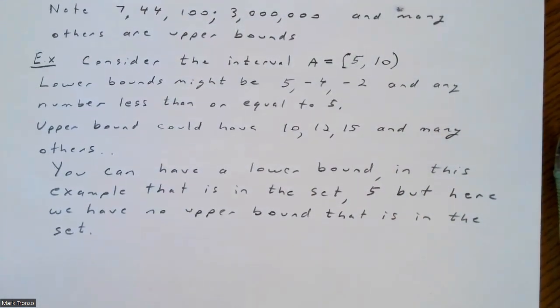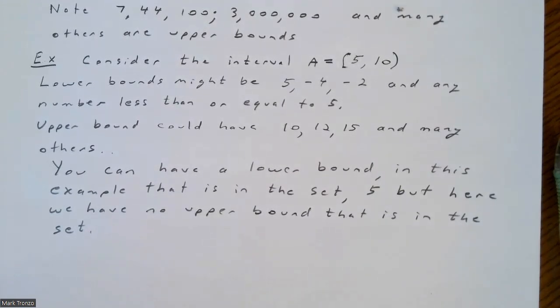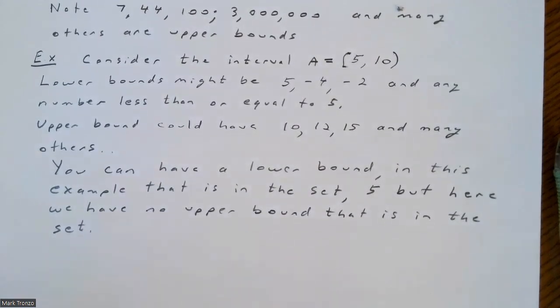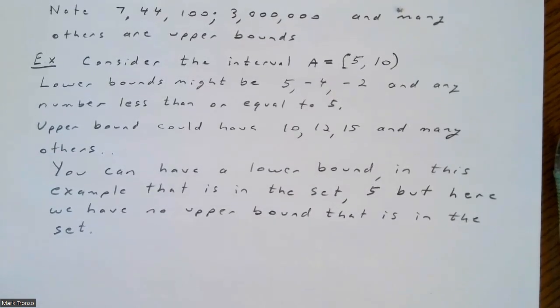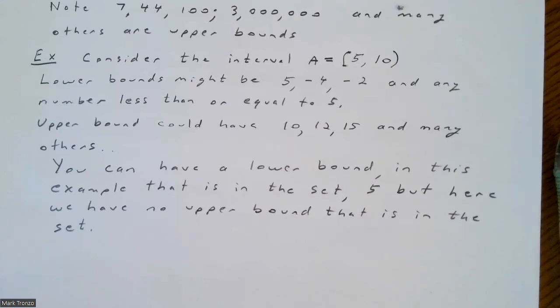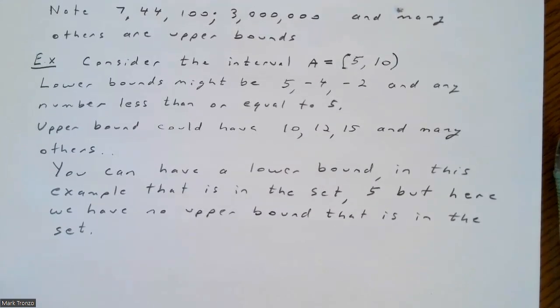And like I said, there's nothing less than 10 that could be an upper bound. Because if you tried to say 9.99999, you could always go bigger, 9.99999 with more 9s on it, which would be in the set.